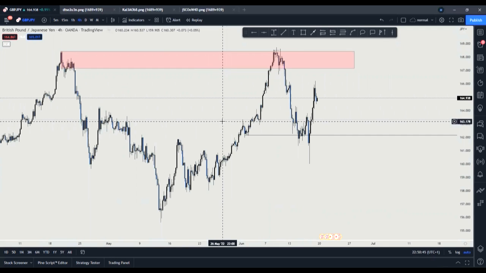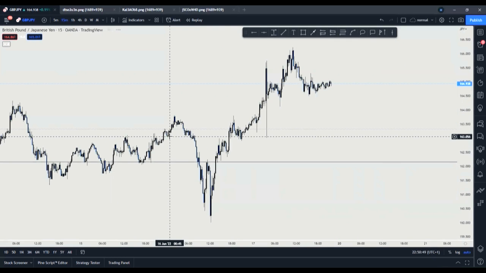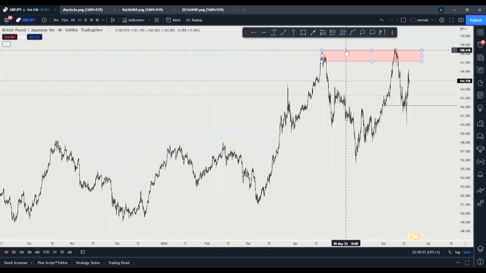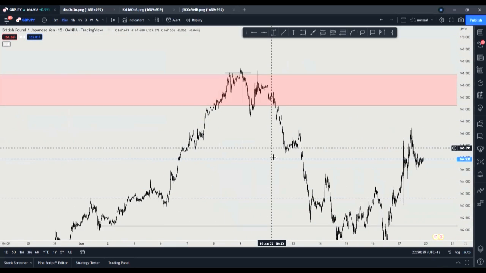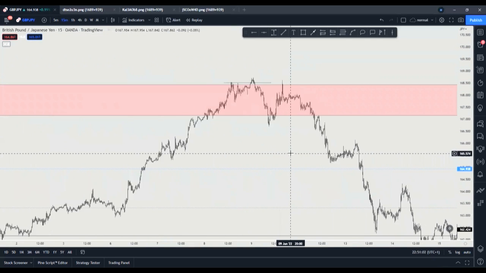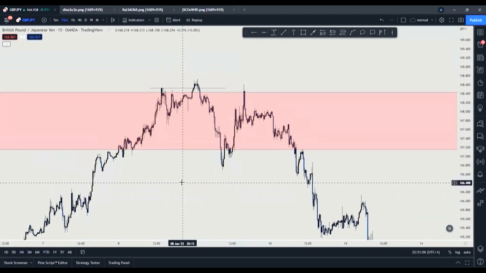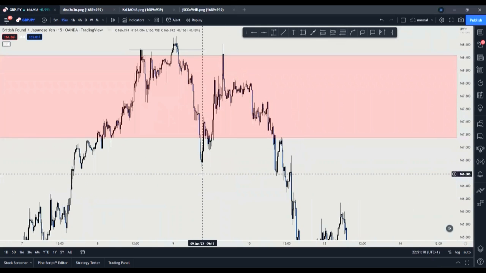Right, so let's go to the 15-minute, where we will see price action much clearer. Let me show this 4-hour zone inside of the minutes, and then we can play with it. What I will already tell you guys is this is not always perfect.